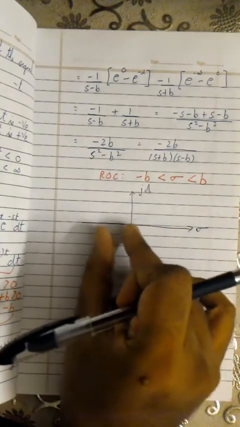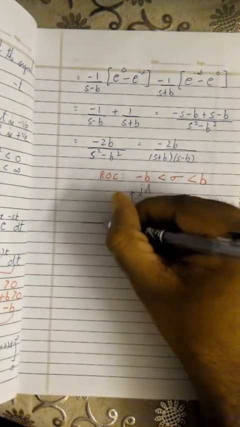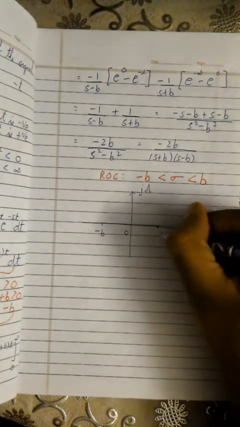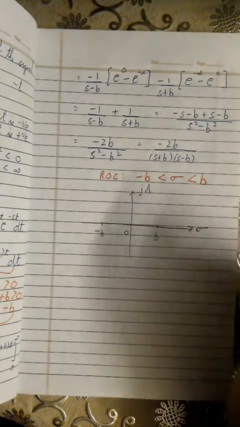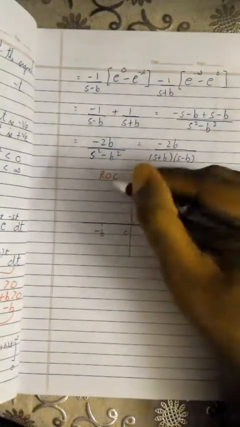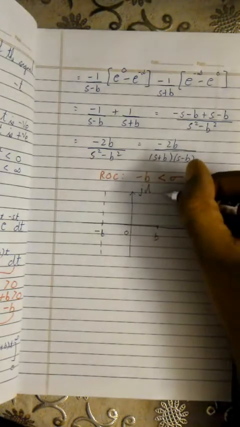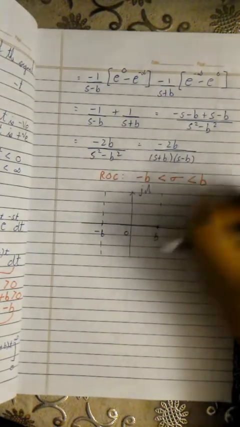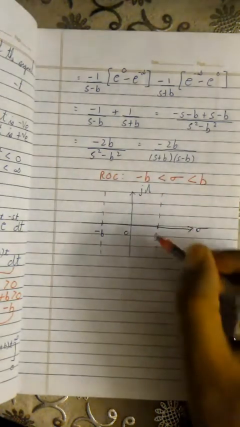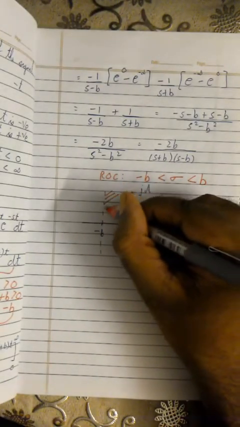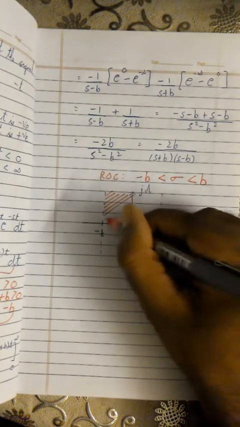So the distance between these two must also be same. So here I mark minus b and here I mark plus b. Okay, so my ROC is anywhere between these two values. That means the shaded region is my ROC.